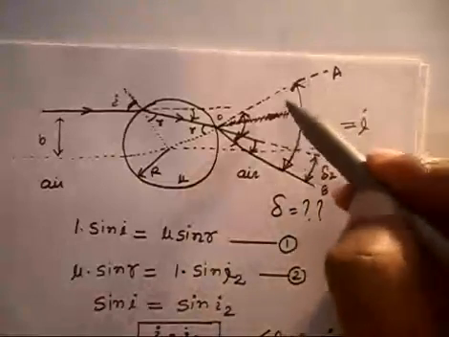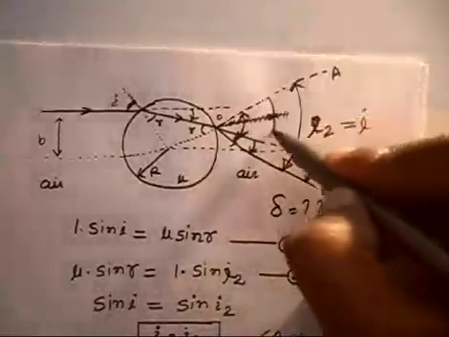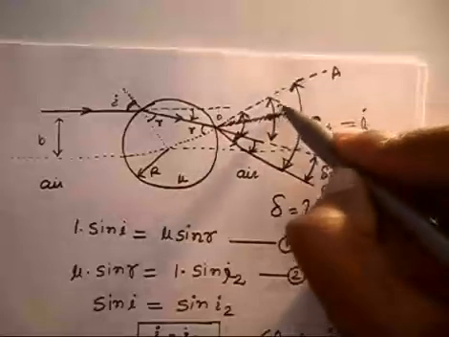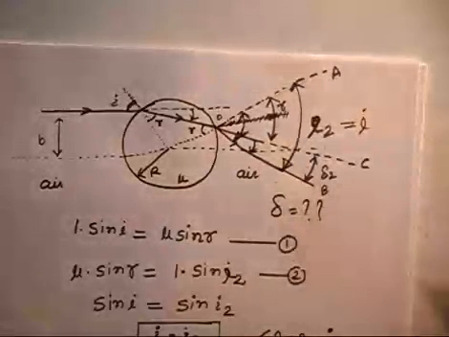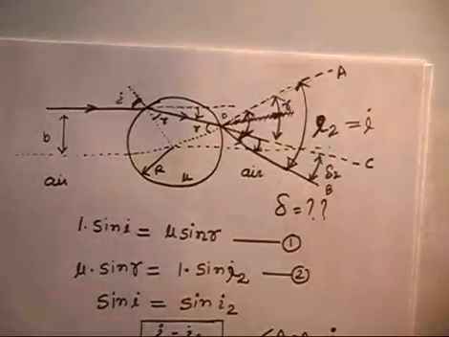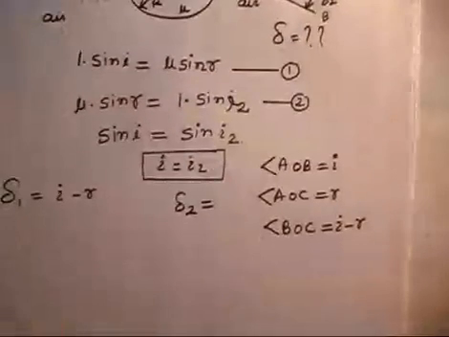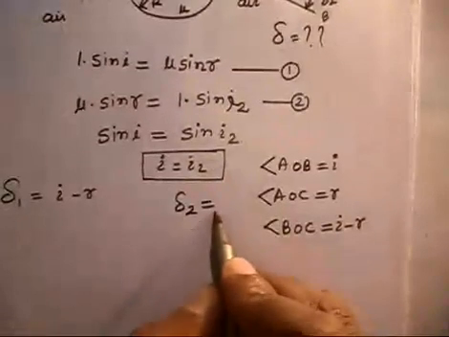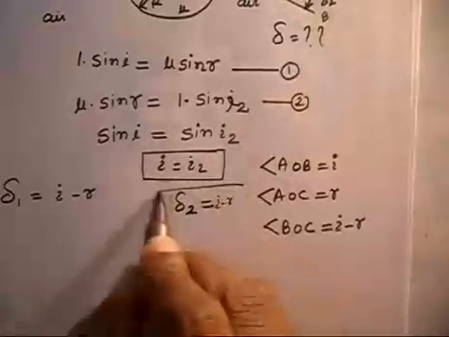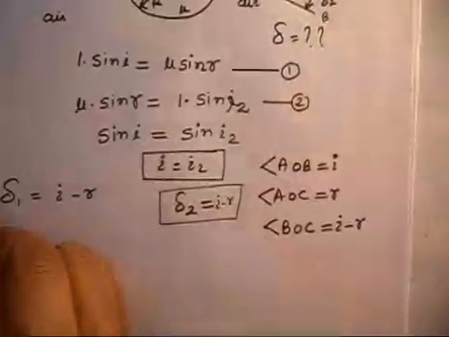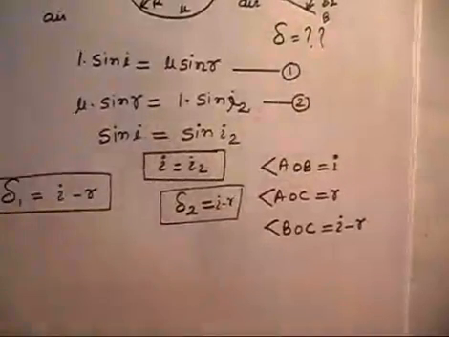And this angle is the same as R. If this angle is R, then this delta 2 is I minus R. So delta 1 is I minus R. Delta 2 is also I minus R.